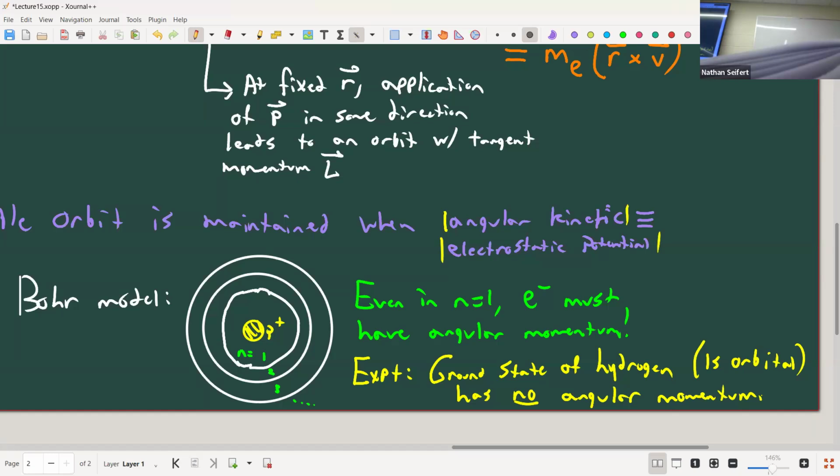That's the goal I want to get to: to show that the solutions for the electron around the proton give you stable orbits with no angular momentum. There are stable balanced states where the electron effectively is not spinning. Those are the s orbitals. So that's our ultimate goal: we need to explain this difference.